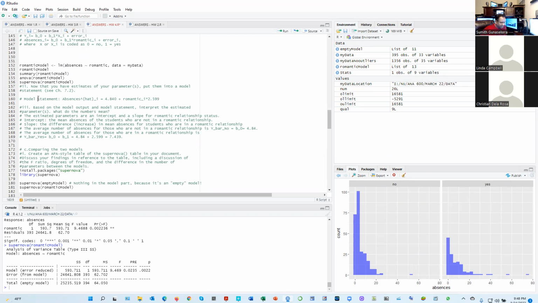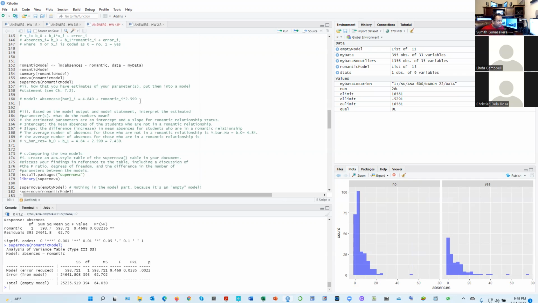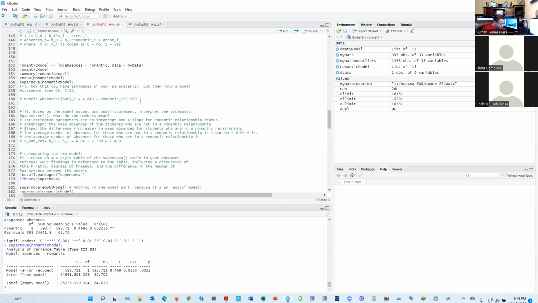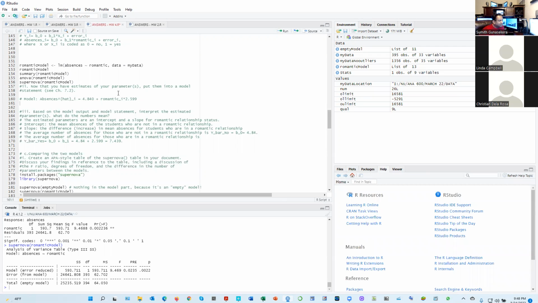I'm going to call that one the model. Then I can make it clear. That's the model. I'm going to say the model equation.